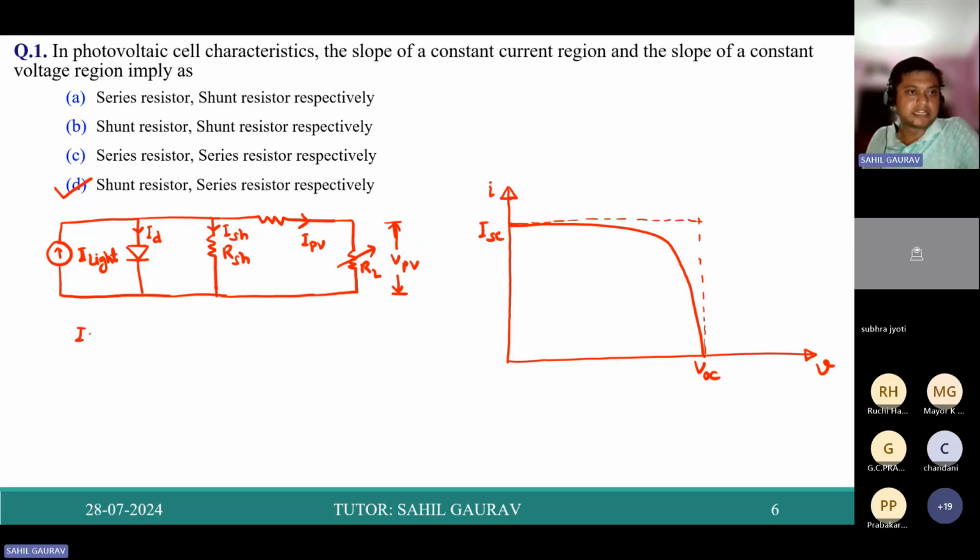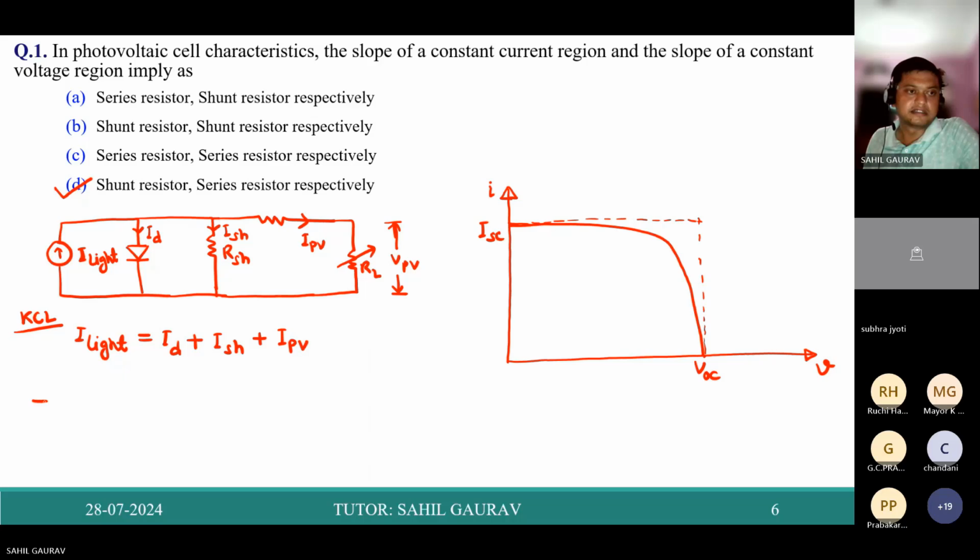So you just write the expression for this. You can apply KCL here. This I light is equal to diode current plus shunt current plus PV current.